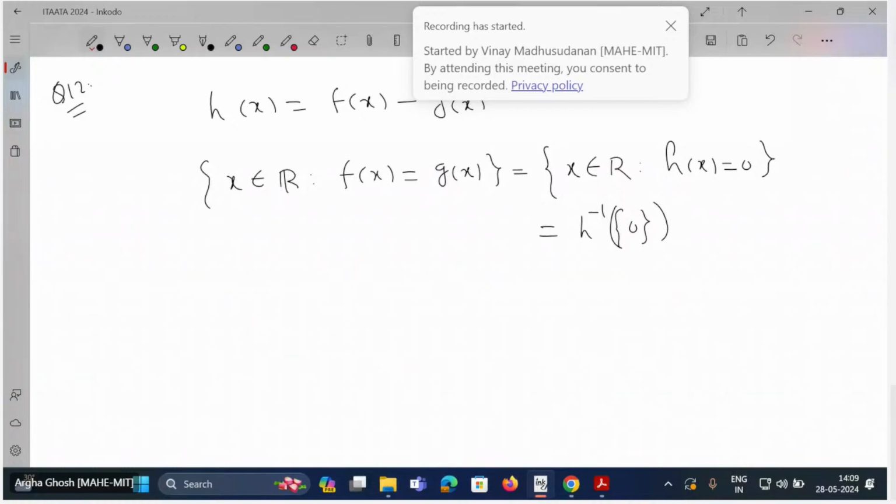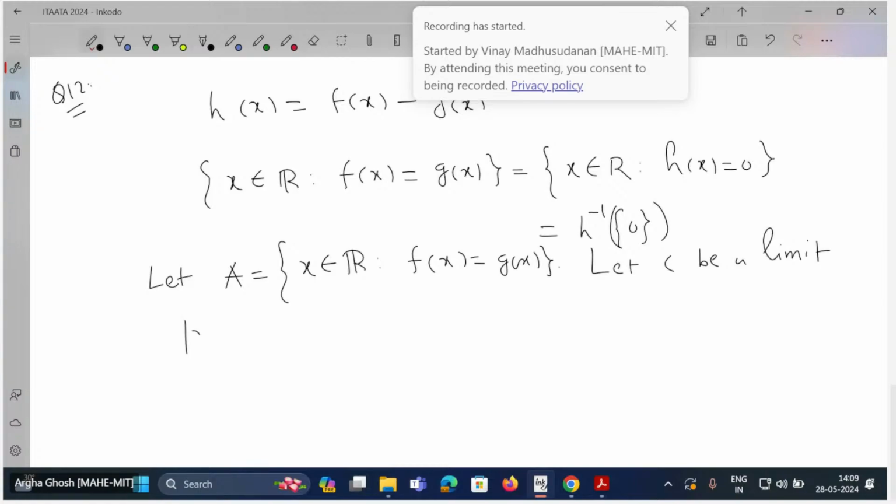Let's say this set is A, which is all x belonging to R such that f(x) equals g(x). Let c be a limit point of A. Then we have a sequence of elements of A which converges to the point c.